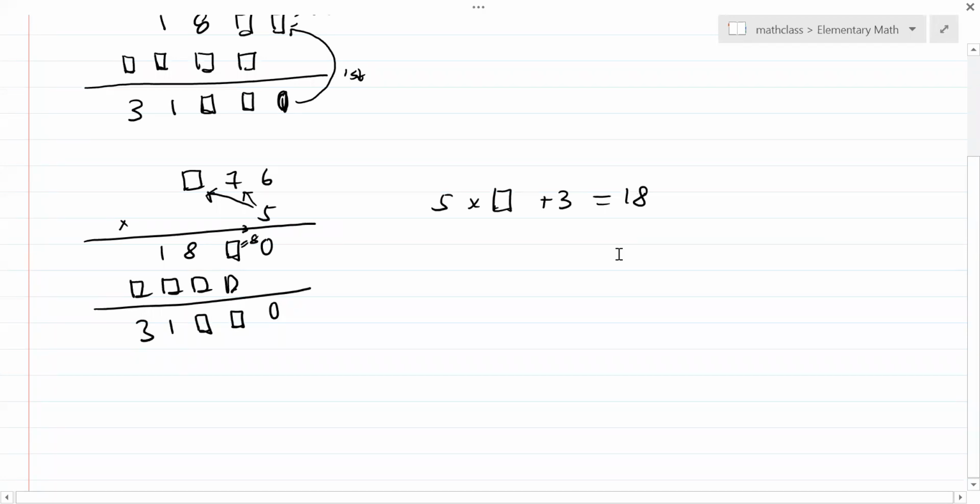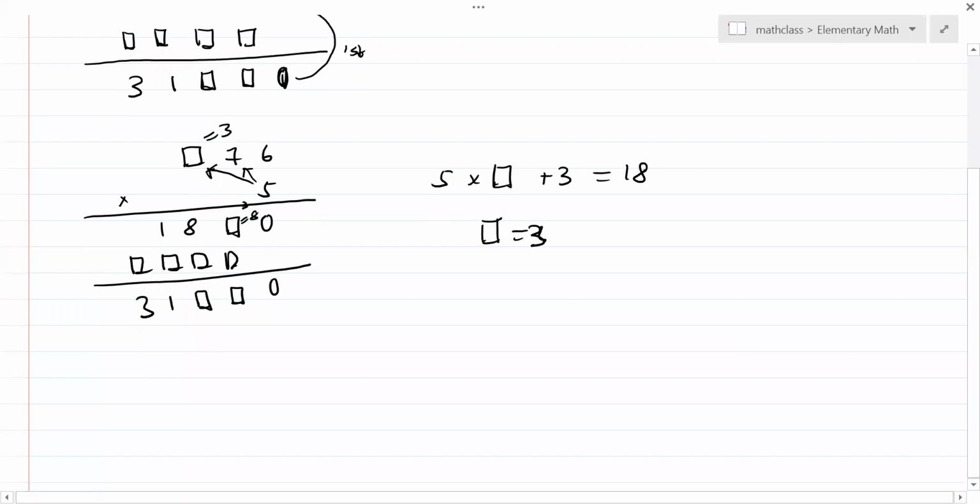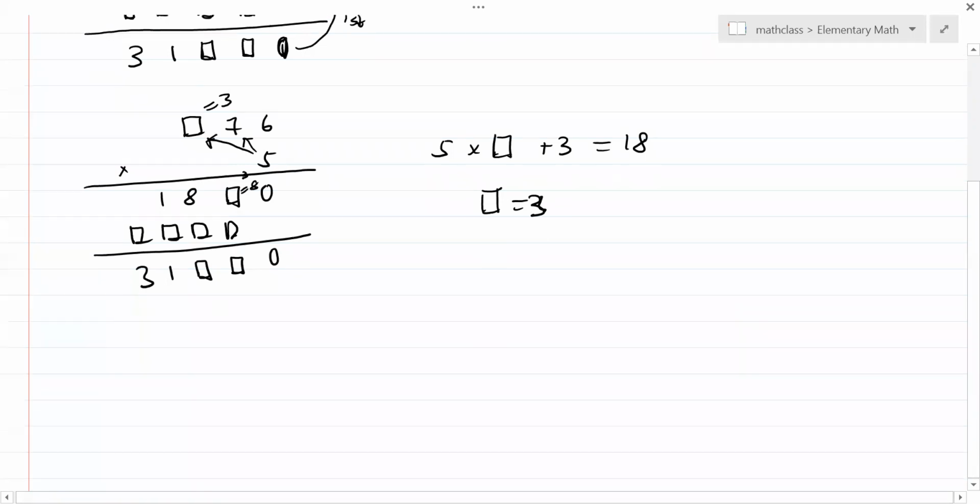Then clearly, so clearly that number is going to be 3. Okay? 3 times 5 plus 3 is going to be. So you figured out that's going to be 3. Okay? So that is how we get step by step.